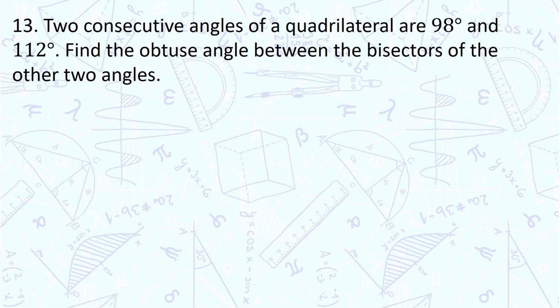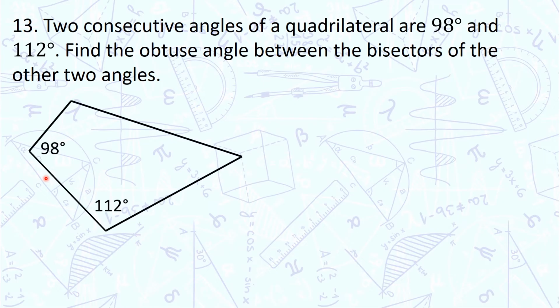Number 13. Two consecutive angles of a quadrilateral are 98 degrees and 112 degrees. Find the obtuse angle between the bisectors of the other two angles. Let us have a figure to help us solve this problem. Let us have this quadrilateral with angles 98 degrees and 112 degrees.